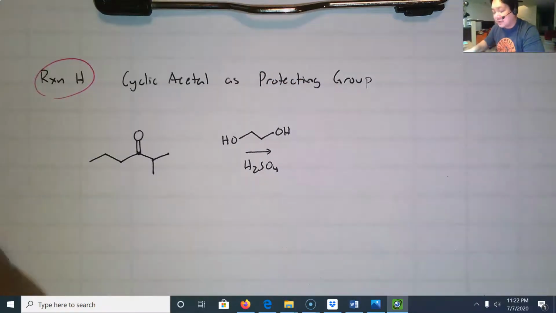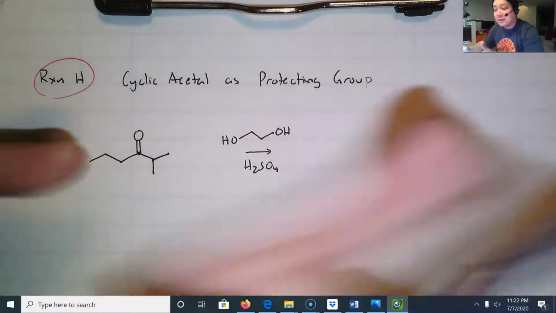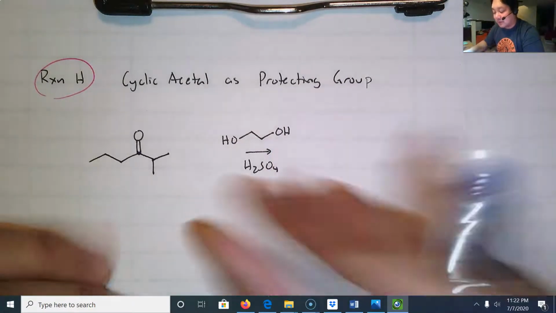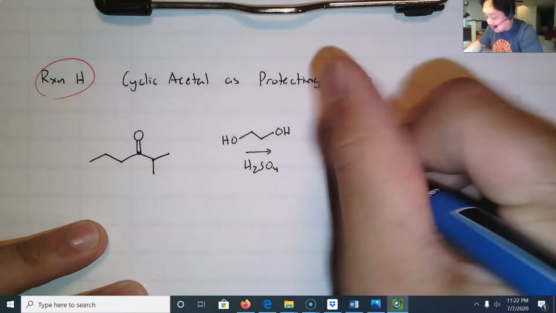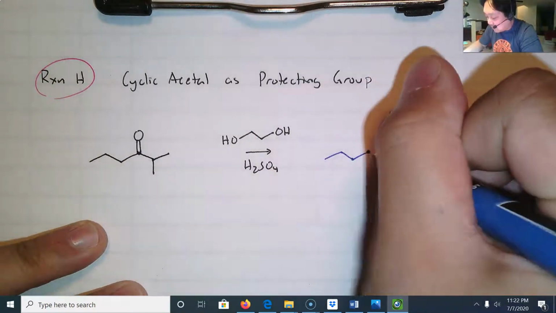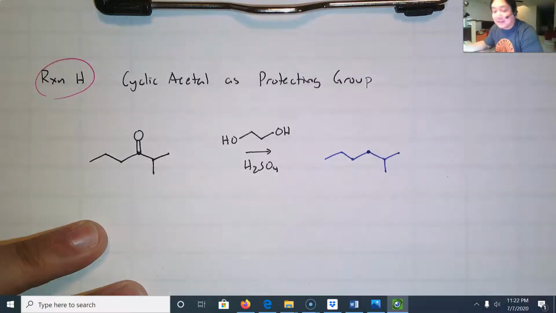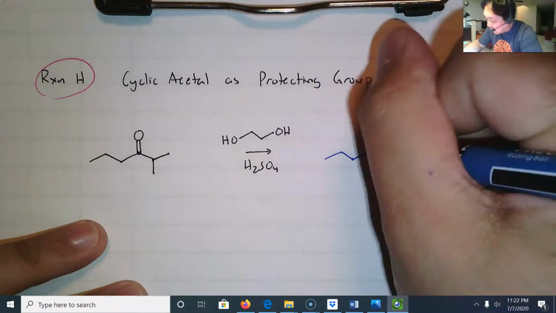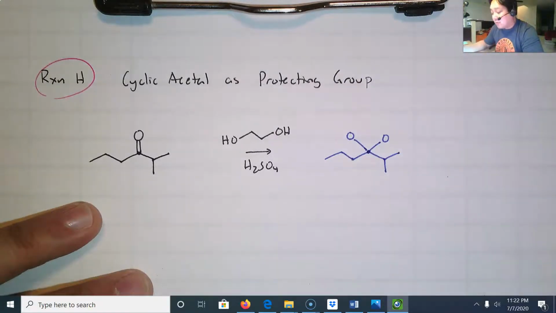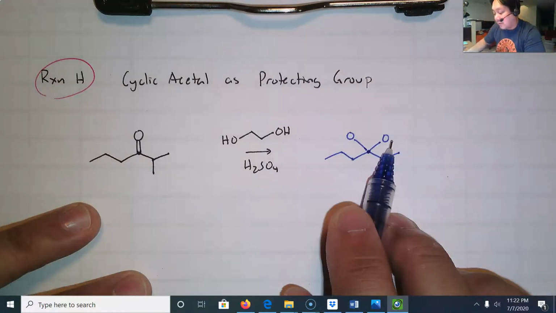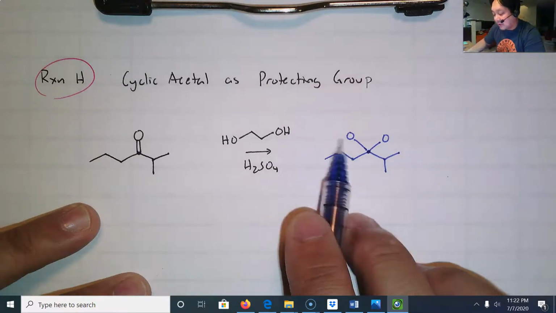Because we still have 2 hydroxyl groups, so we could still add 2 alkoxy groups to our carbonyl carbon. So just go ahead and draw your carbon skeleton and start drawing your acetal. Normally you would have 2 groups here, like maybe a methyl and an ethyl, or 2 ethyls.